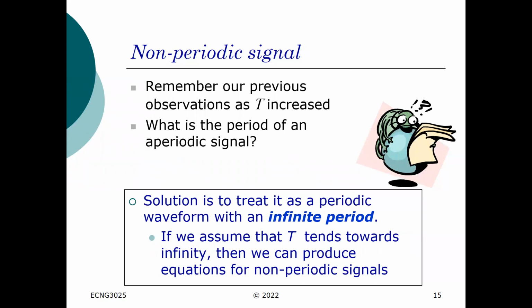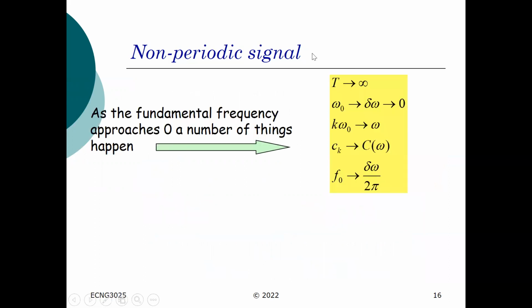And if we do that, what we were able to do now is to make some adjustments to that Fourier series that we had. So if T is going to infinity, remember the fundamental omega naught is 1 over T. So if T goes to infinity, omega 0 tends to get to something very small.